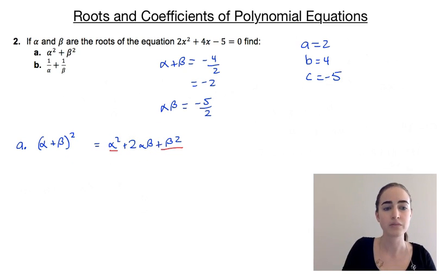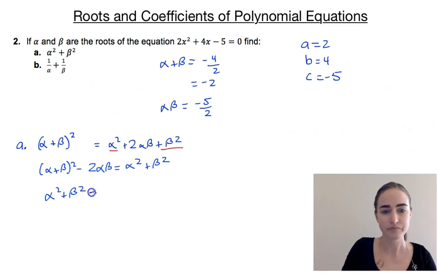So what we're going to do is subtract that 2 alpha beta from both sides. So we're going to have alpha plus beta squared minus 2 alpha beta will give us our alpha squared plus beta squared.